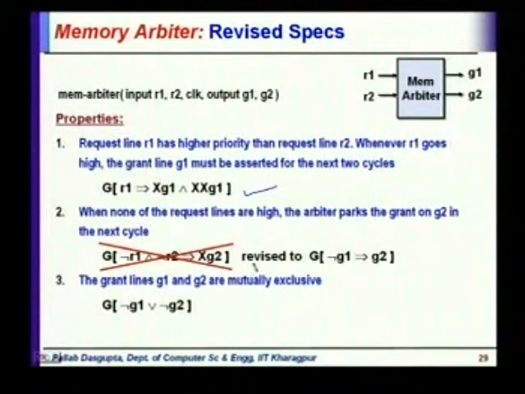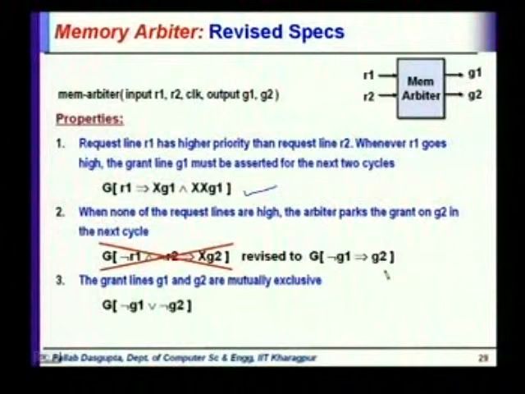So, we can say that, to express the same intent that the default grant goes to R2, whenever we are not asserting G1, let us assert G2. So that way we get around that problem. We want to park the grant by default on G2.